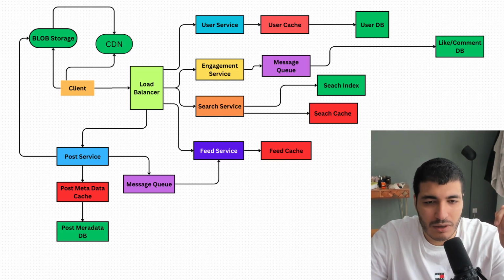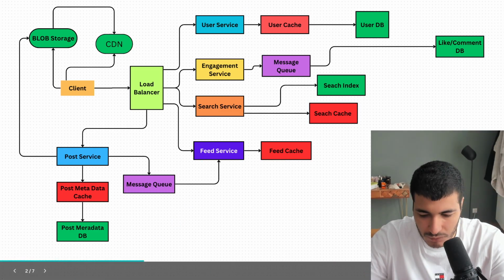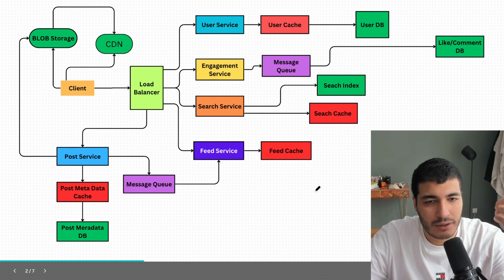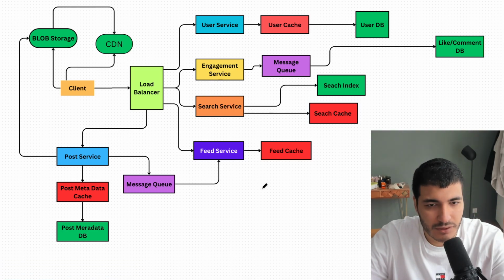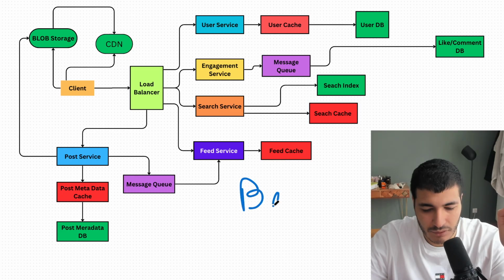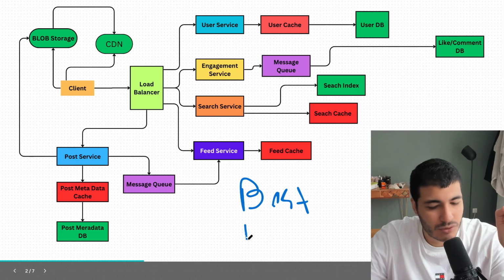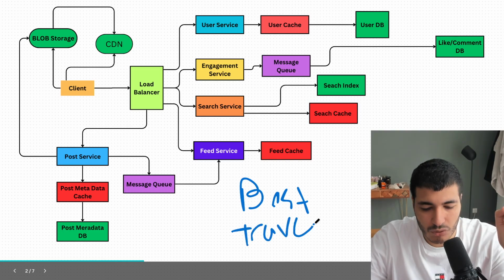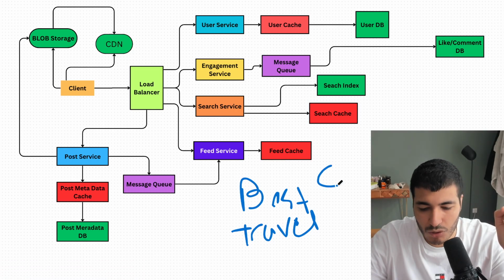Let's try to understand the problem. In the Instagram system, your feed will include posts from your best friend, maybe from an influencer, like a traveler influencer that you follow, maybe a co-worker who is not close, just a follower.